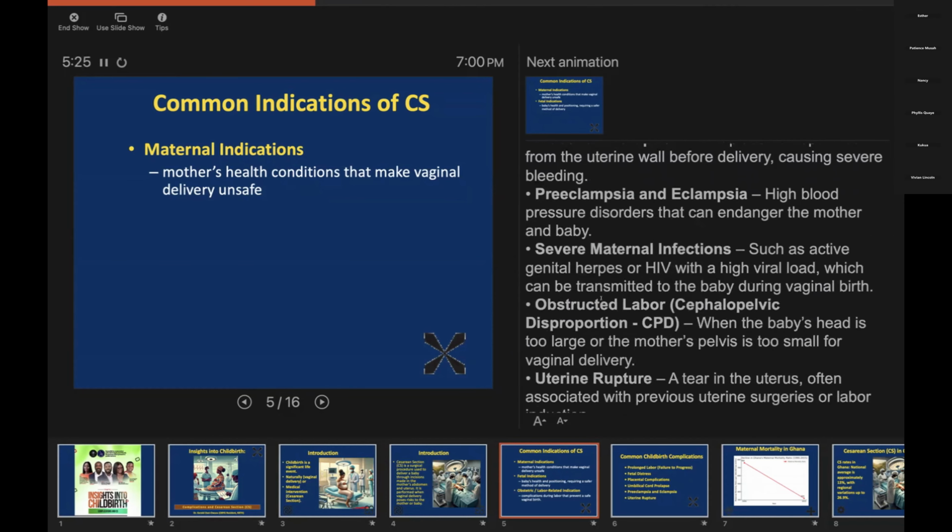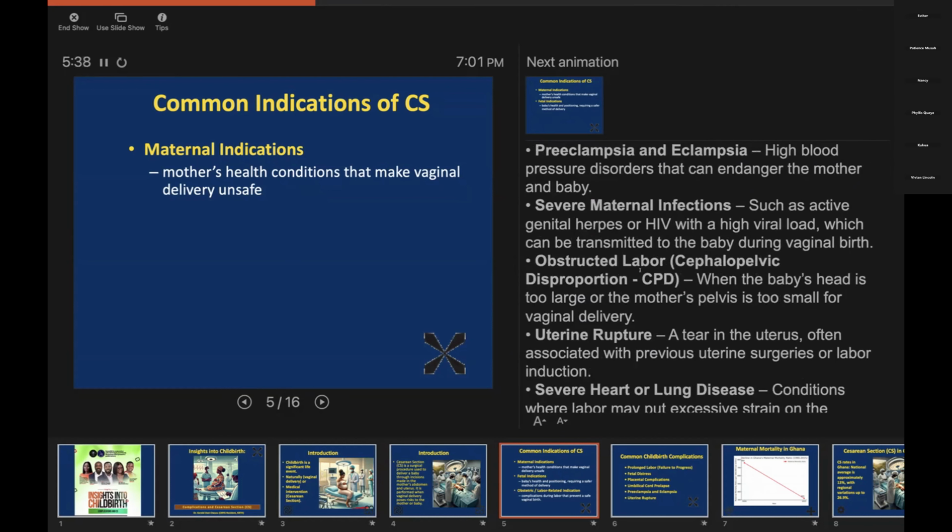The previous speaker also talked about preeclampsia. That's high blood pressure in pregnancy with associated effects on certain organs in these pregnant women, and certain infections. And the most common one here is when a woman is going into labor and we notice the labor is not progressing, it's not going on as expected. We will say there is poor progress or obstructed labor.